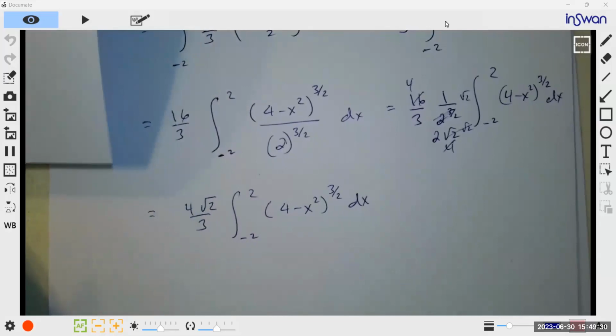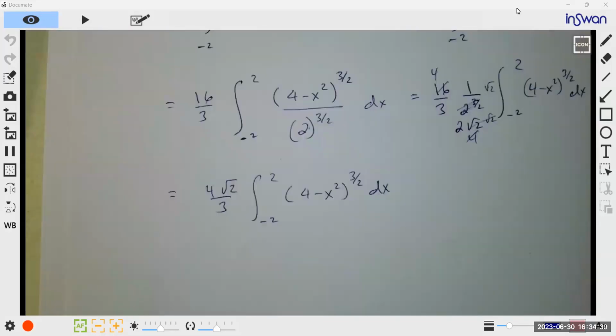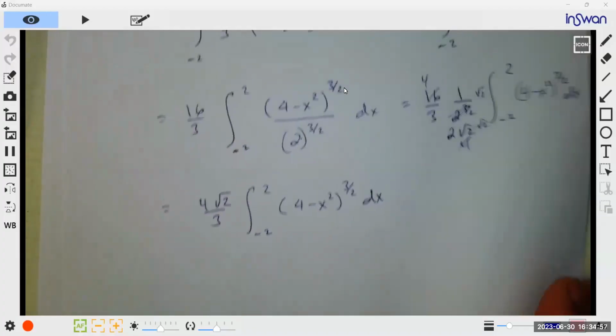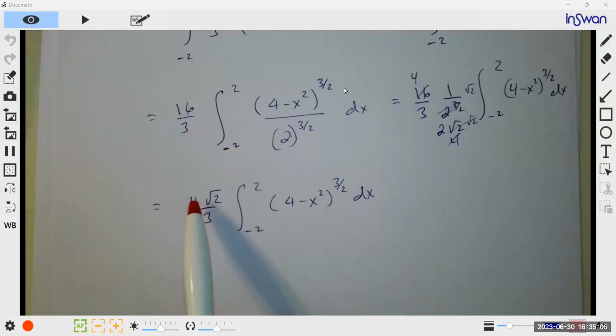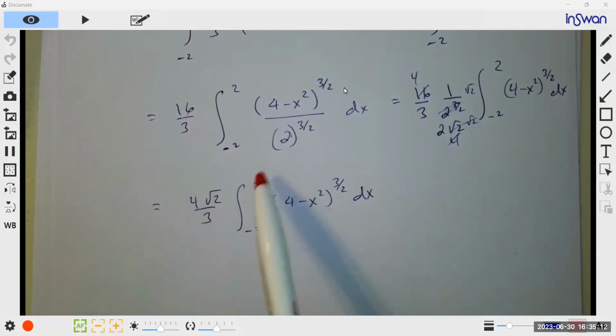Now I have to look at the properties for the integral. Sorry about that. My earphones died. I have to recharge them. All right. So we left off up here. After everything is said and done, we ended up with 4 pi square root of 2 with that.